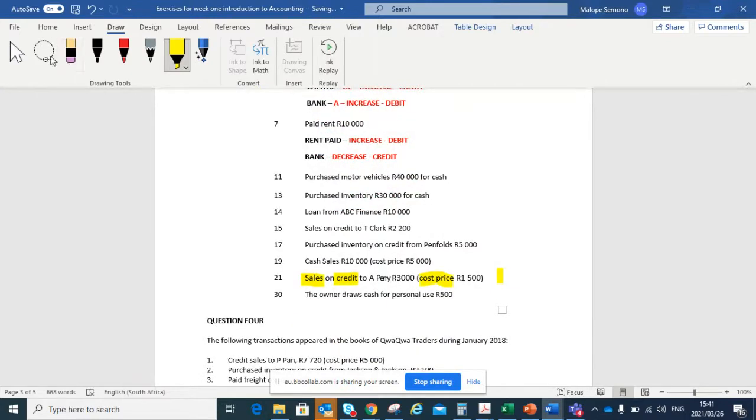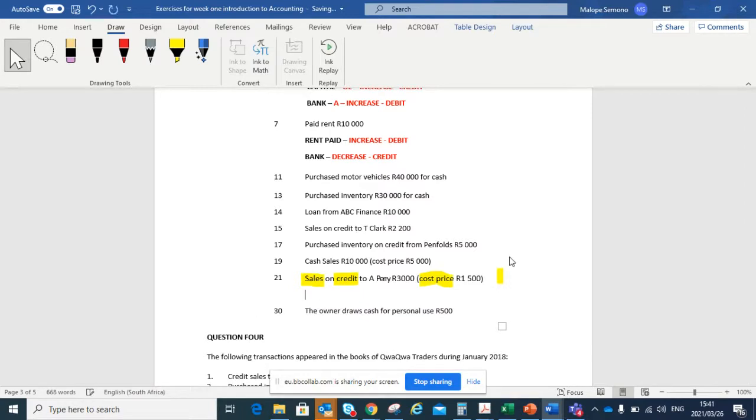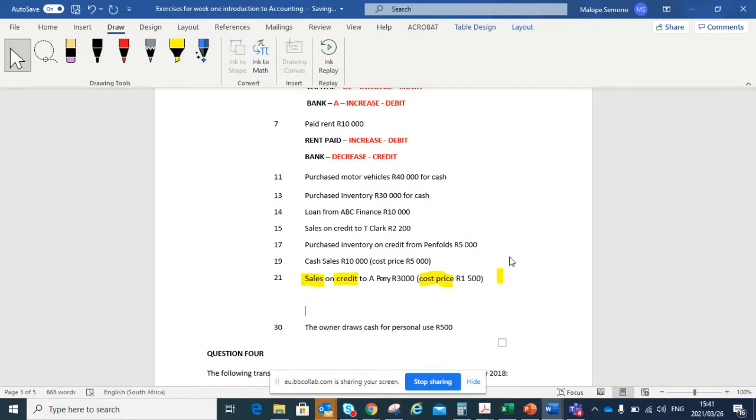According to the periodic, firstly, we need to identify the accounts as you can see them here. Because I'm selling inventory, the first account is going to be sales. That's easy like that.